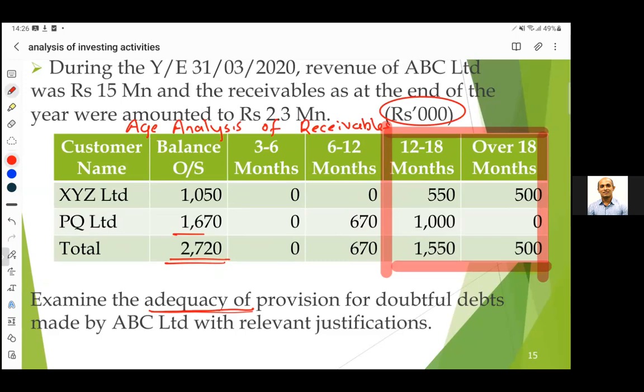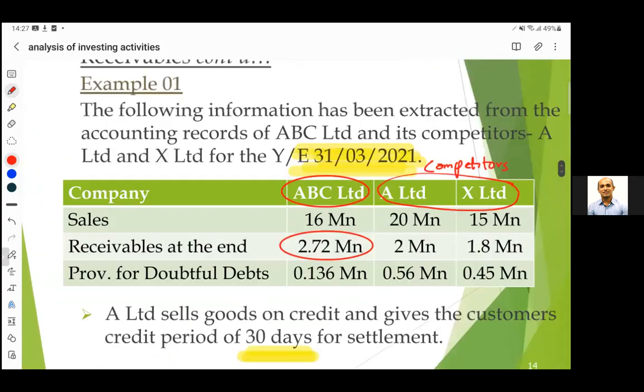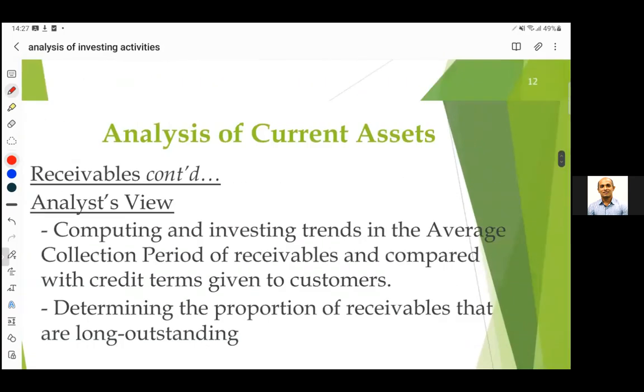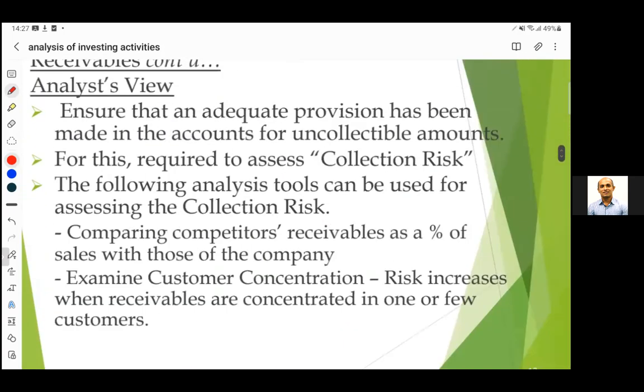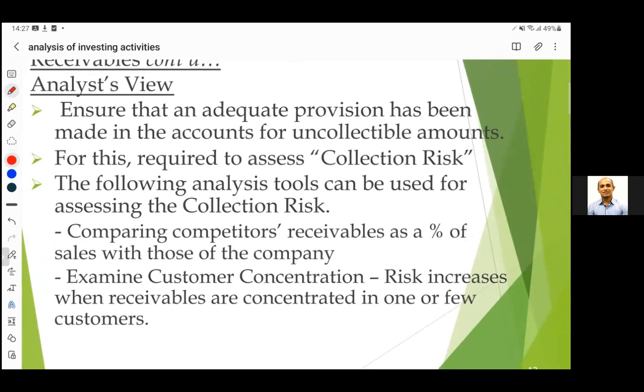So you have to analyze and see whether the provision is adequate in the account. This is how you analyze.